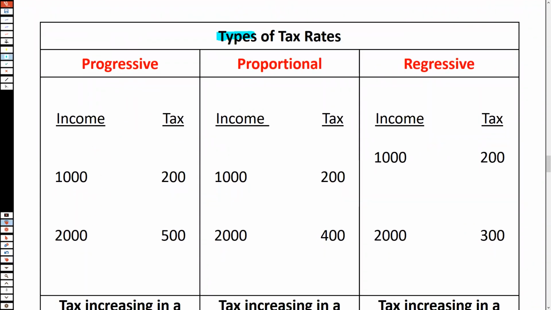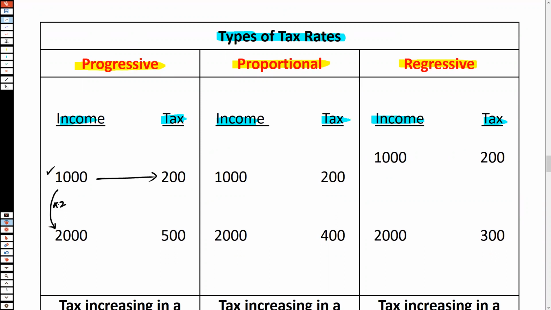Types of tax rates. There are mainly 3 types of tax rates: progressive tax rates, proportional tax rates, and regressive tax rates. To understand this, let's say we have 2 columns under each separate heading, income and tax. Let's say you are getting an income of 1,000 and you are paying tax of 200 on 1,000. Your income increases to 2,000.